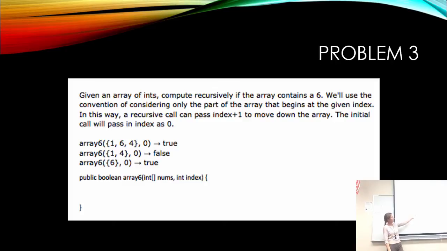So notice that each time you're passing in the same list, and the list is not changing. What's changing? The index. And if we start at index equals 0, what's our base case? Think about what your base case is.